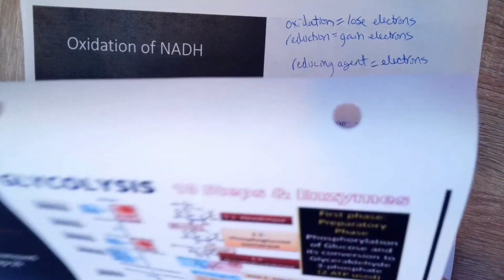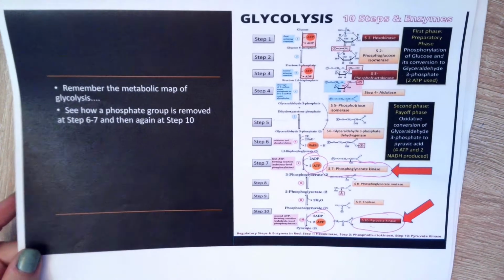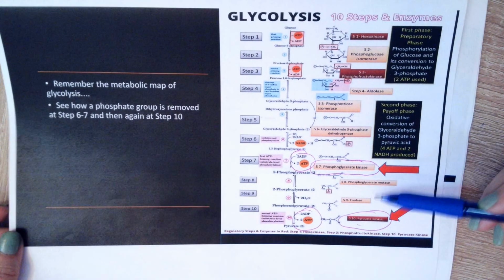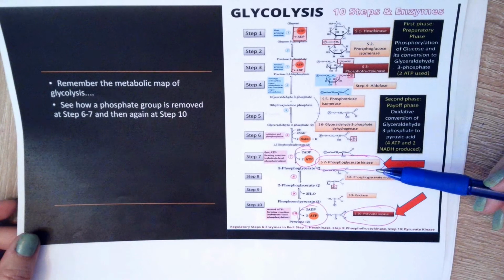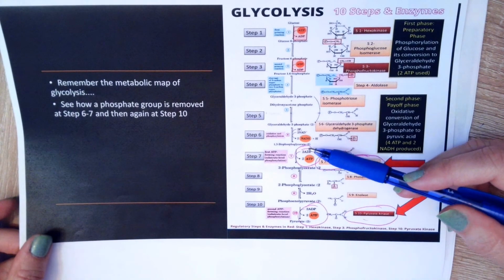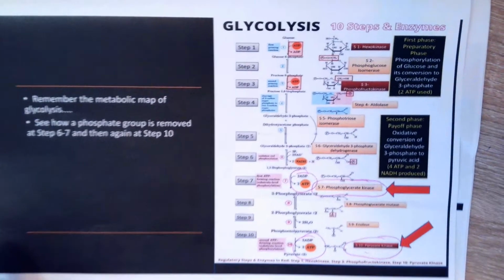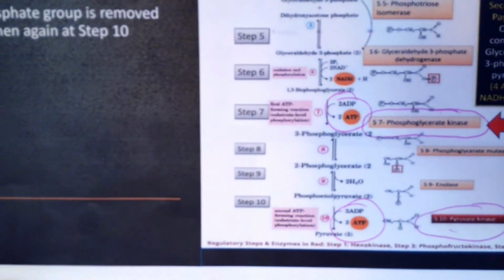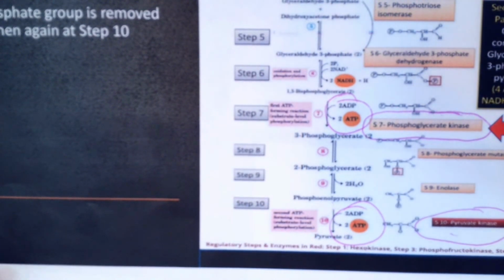So if we are to just revisit our glycolysis metabolic map, this is an older slide from earlier in the unit, but if we look at the detail here, just a little bit hard to see, let me zoom in. We're just really looking at step 6 and 7.